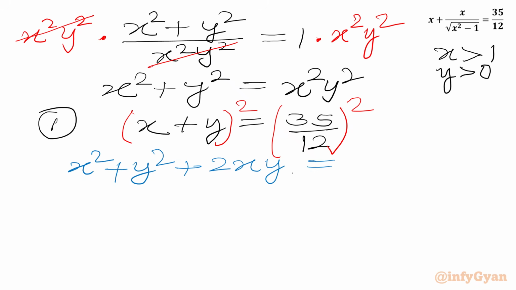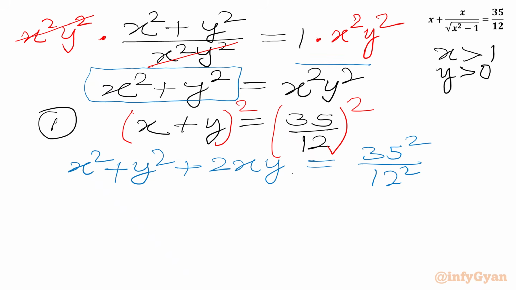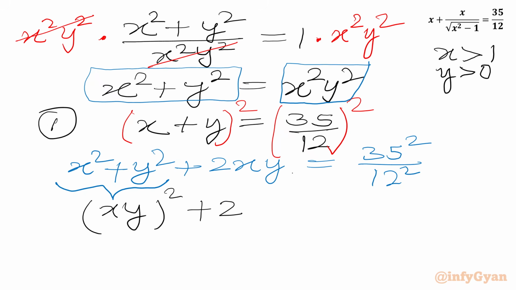This will be equal to 35 square over 12 square. Now we have x square plus y square equal to x square y square. So in this place we can write x square y square, which we will write as (xy) whole square. Then we have 2 times xy, and on the right hand side we have 35 square over 12 square.